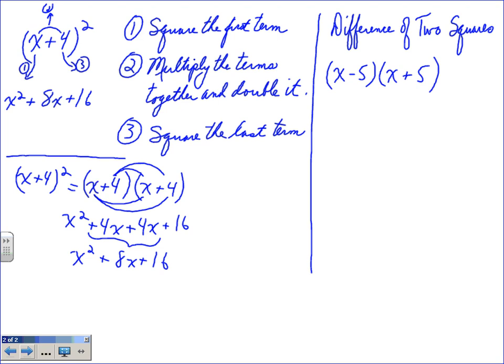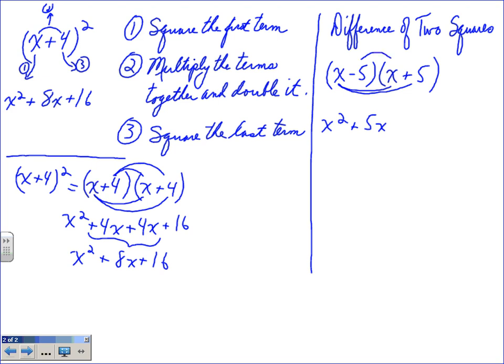How come we didn't have 3 terms here? Do you remember, Emily? Because you have 2 different signs there, right? And they'll cancel each other out. Watch when you use FOIL. X times x is x squared. X times positive 5 gives you a positive 5x.